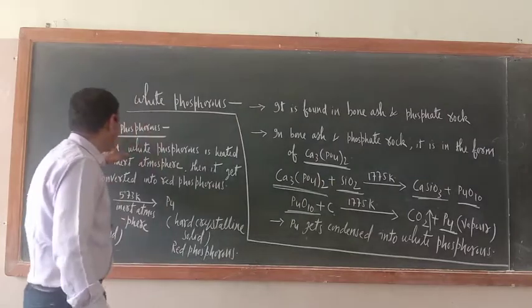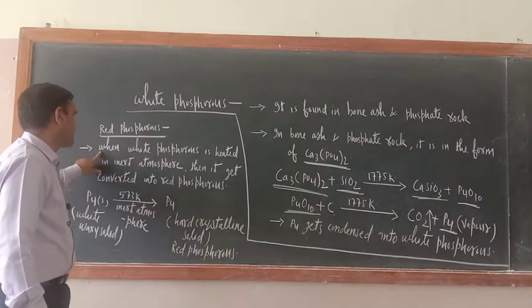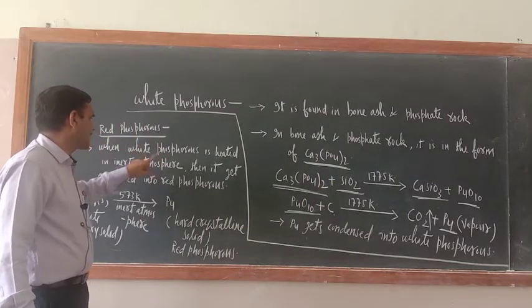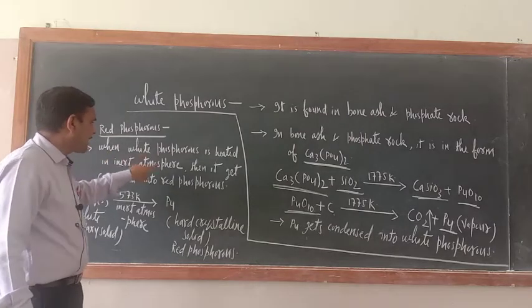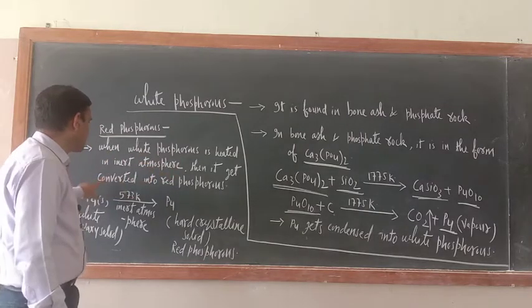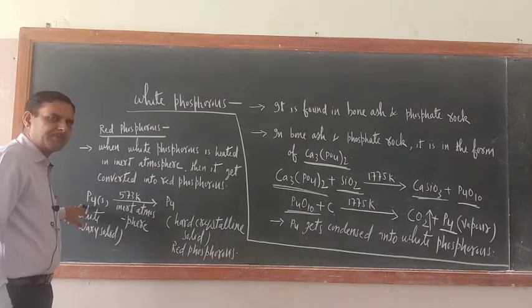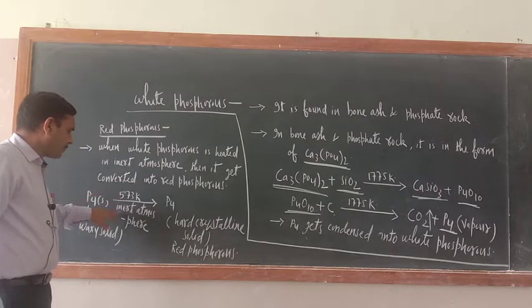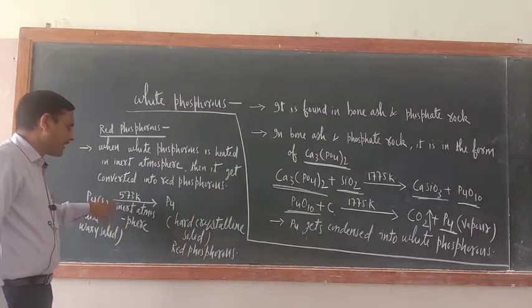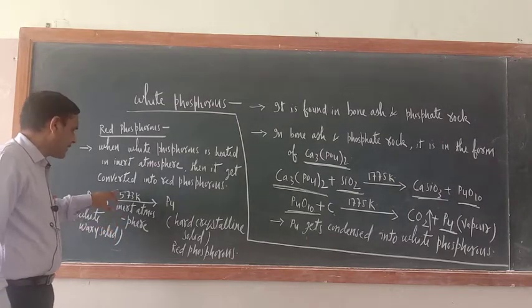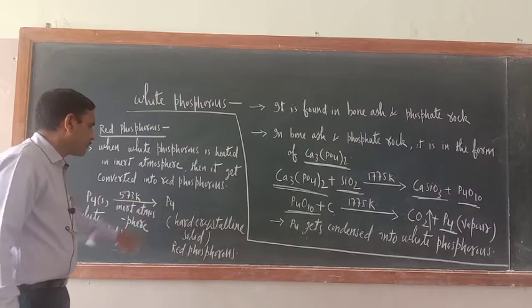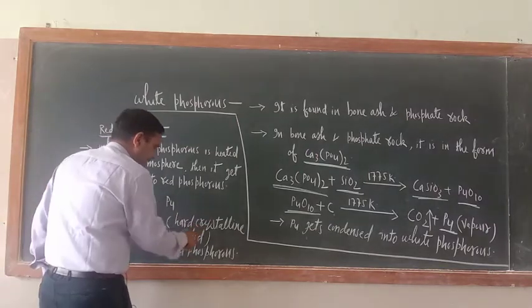What is the method of preparation of red phosphorus? When white phosphorus, a waxy solid, is heated in an inert atmosphere at 573 Kelvin, it gets converted into red phosphorus, a hard crystalline solid.